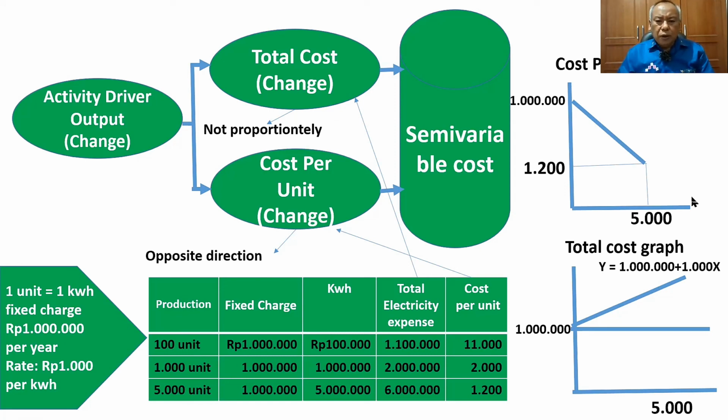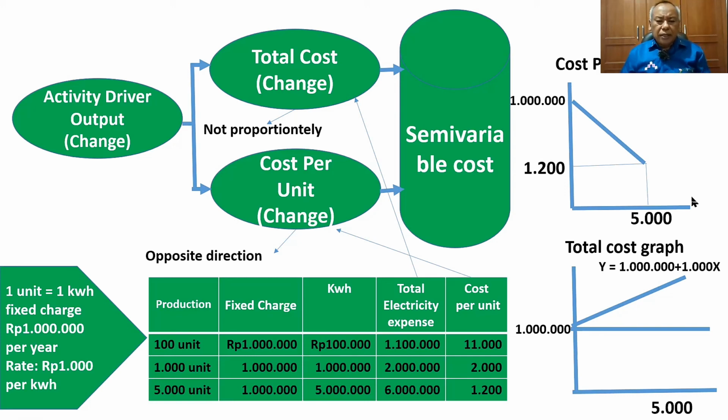That's all for our meeting today. And then I will continue to the next topic: how to separate or break down the semi-variable cost into fixed cost and variable costs.